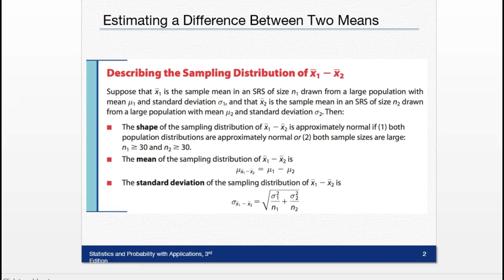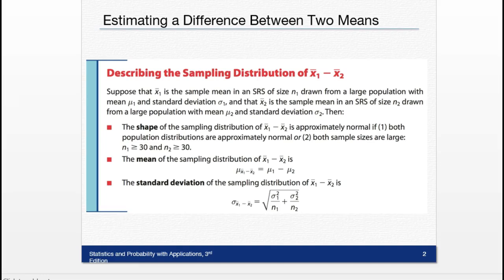Okay? So here's the definition. Suppose that x bar 1 is the sample mean in a simple random sample of size n1, drawn from a large population with a mean of mu1 and a standard deviation of sigma 1, and that x bar 2 is the sample mean in a simple random sample of size n2, drawn from a large population with mean mu2 and a standard deviation of sigma 2.